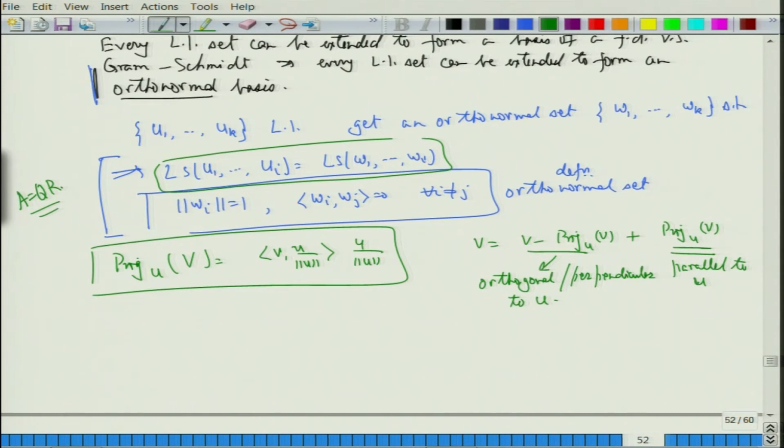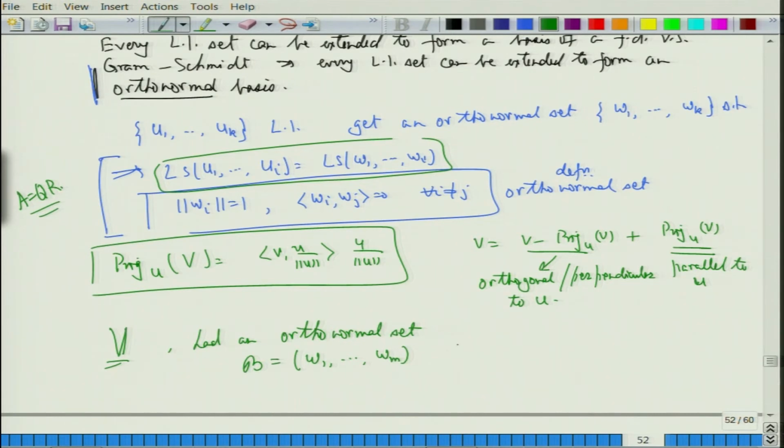Then we generalized this idea to any set. So, the next thing we did was that, given any vector space V, I had an orthonormal set, an ordered basis you can say in some sense, W1 till Wm.